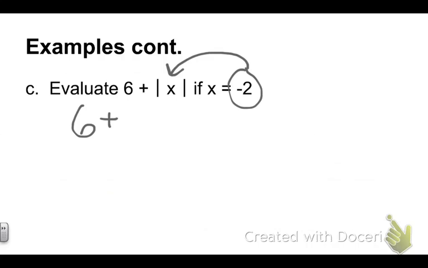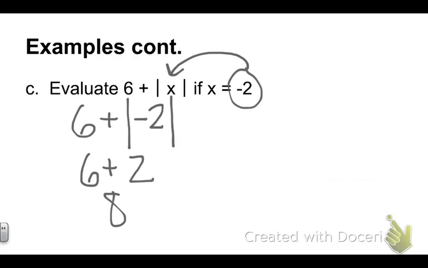Getting good habits now, rewrite it: 6 plus the absolute value of -2. And make those lines long so you don't think that it looks like 21. So we've got 6 plus, how many units away from 0 is -2? 2. And then 6 plus 2 is 8. We're going to be looking at more of those tomorrow in class.